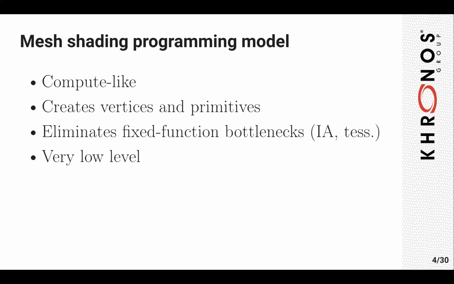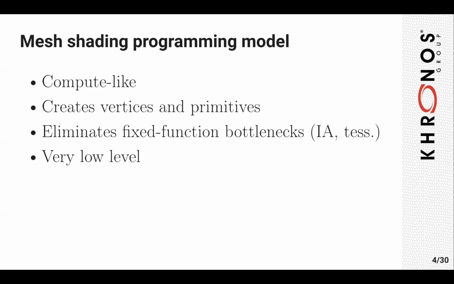The new programming model is compute-like. That means that mesh shaders operate on a similar principle as compute shaders. And the main difference from the traditional pipeline is that instead of passing through the vertices and primitives from the input, with mesh shading, you basically create your vertices and primitives with an arbitrary topology.